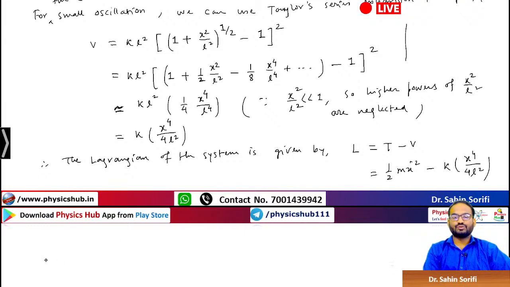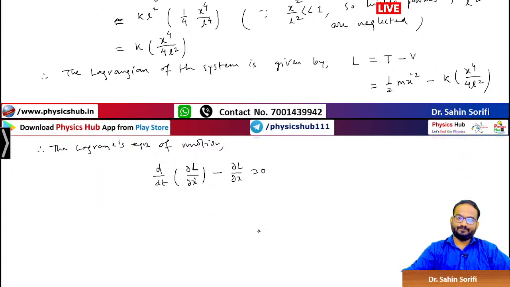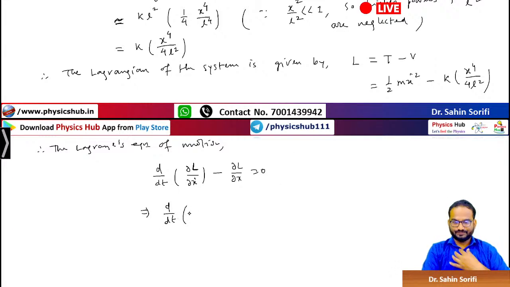So how can you write the Lagrange's equation of motion? You can find it by using the Euler-Lagrange equation, that is d dt of del L by del x dot minus del L by del x equals 0. d dt of del L by del x dot is m x double dot, minus del L by del x.